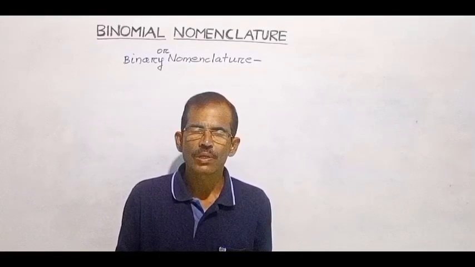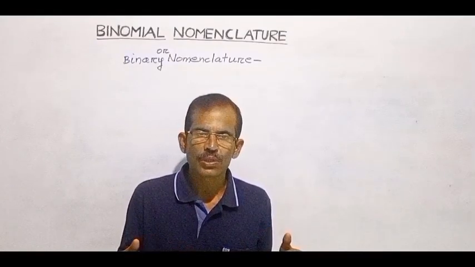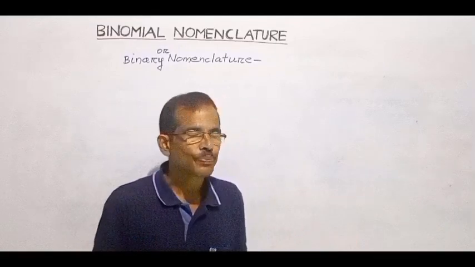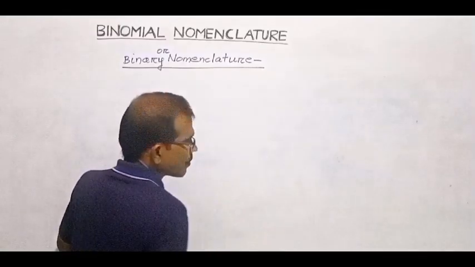Binomial nomenclature is a formal system of naming different species of living organisms. It is also called binary nomenclature.